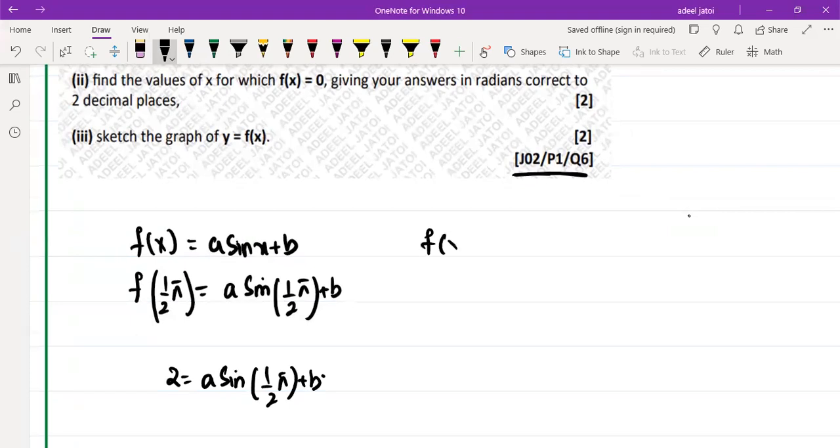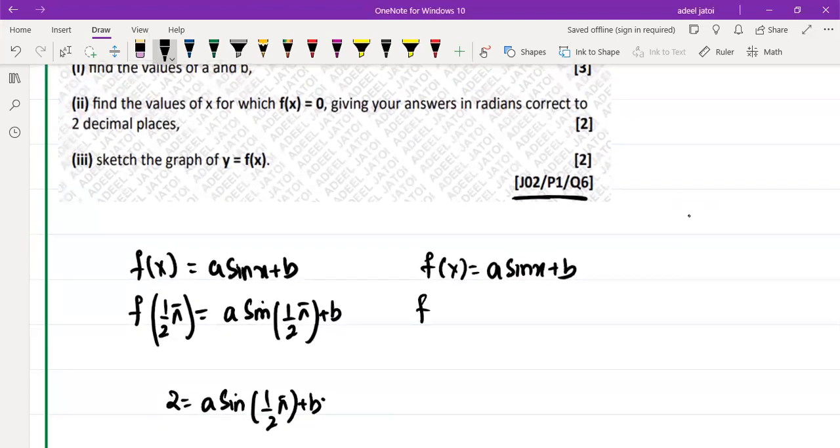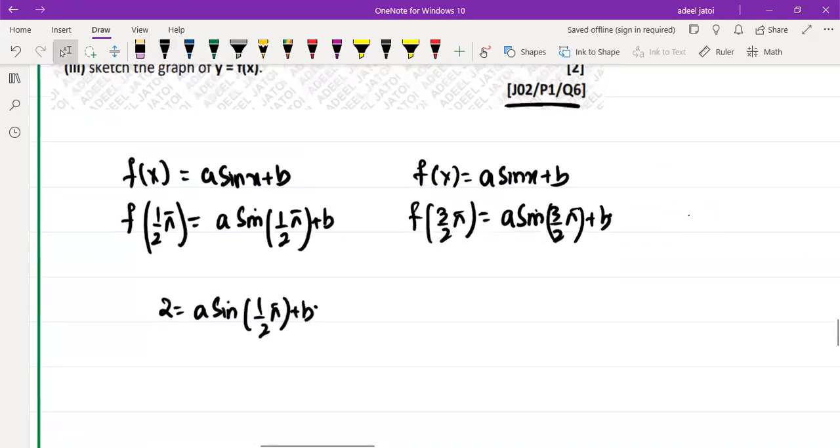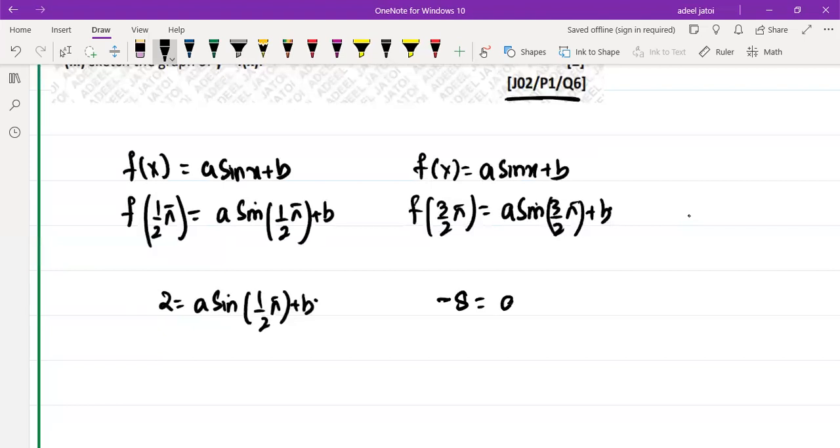The second equation: f(3π/2) is a sin(3π/2) plus b, and the value of f(3π/2) is minus 8, so minus 8 is equal to a sin(3π/2) plus b.